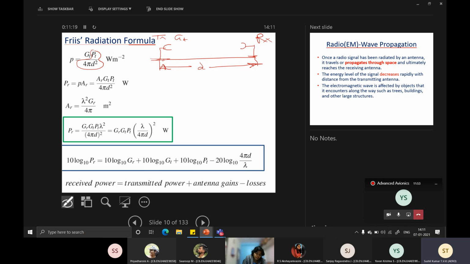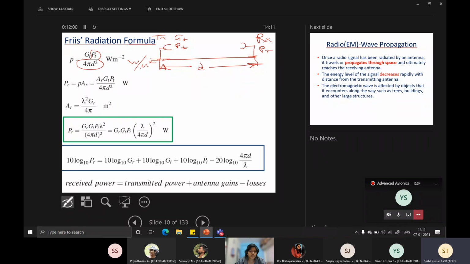If you multiply that with the gain of the transmitting antenna, then you have this power density, small p, equal to so much watts per meter square. So now it is watts per meter square. Sanjita, is it okay? I am trying to find out, for a transmitted power Pt, what will be my received power at a distance d. Okay, that is our aim finally.